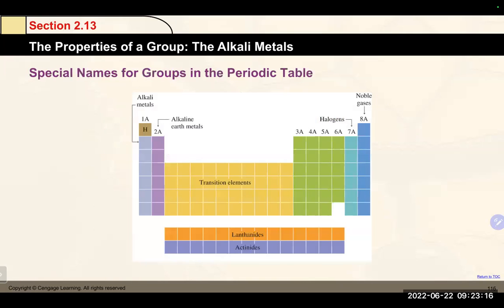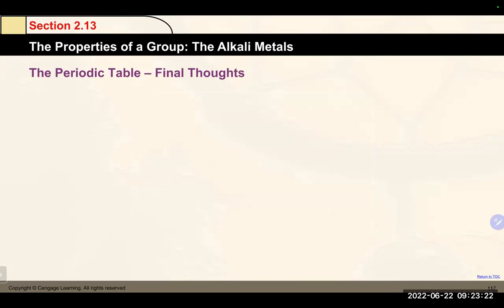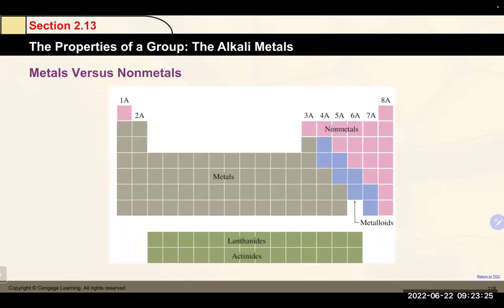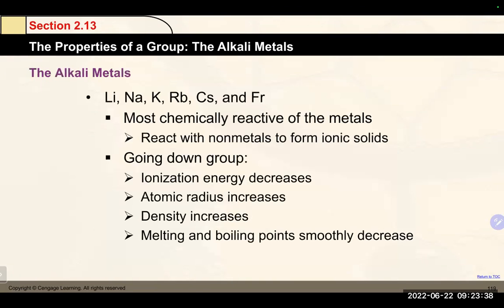And they do have some special names as we come through here. The basic division is into our metals, non-metals, and metalloids, as we talked about. It looks like they may not include boron as a metalloid in your book, and our alkali metals.